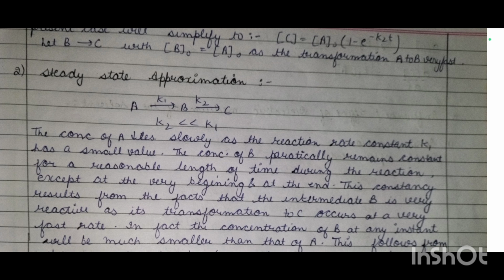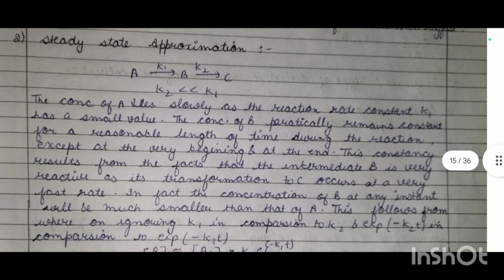Steady state approximation. A changes into B and B changes into C, having rate constants K1 and K2 respectively. K2 is much larger than K1. The concentration of A decreases slowly as the reaction rate constant K1 has a small value.